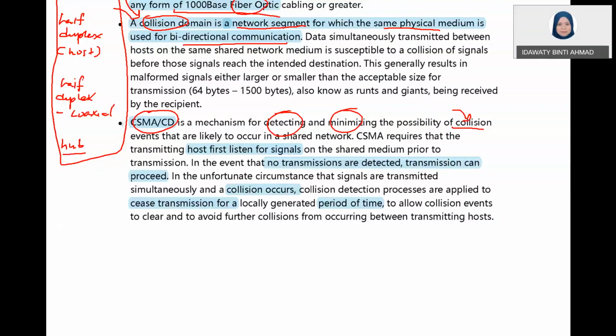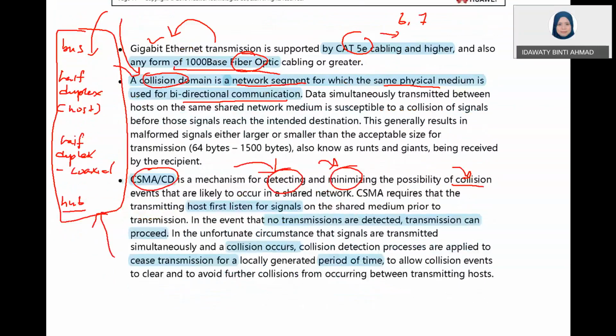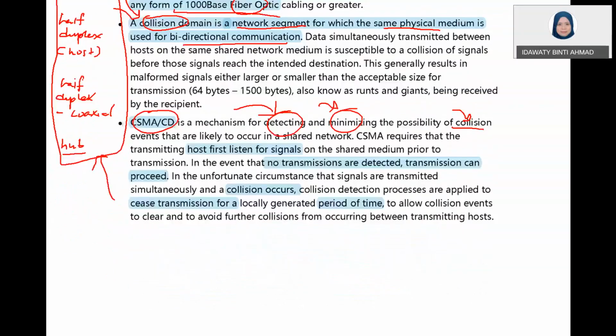CSMA/CD is to detect and only minimize, you cannot prevent 100%. If you have this type of network, as I mentioned just now, a bus where the host is half duplex, the cable is also half duplex, and using a hub, collisions will occur. You cannot make it 100% no collision.